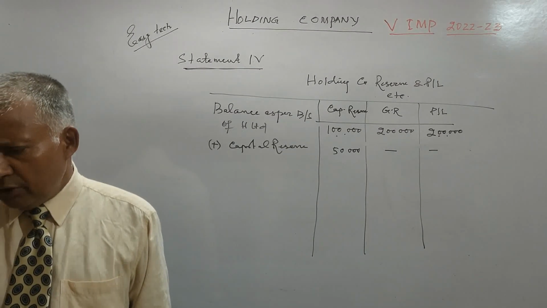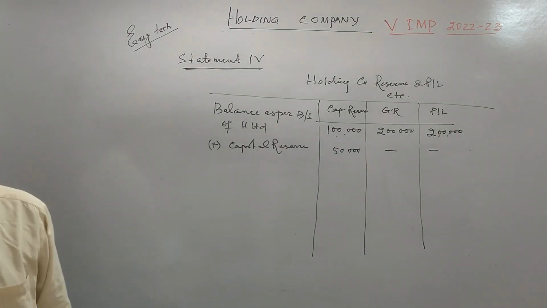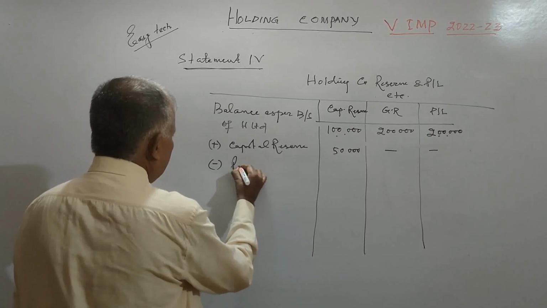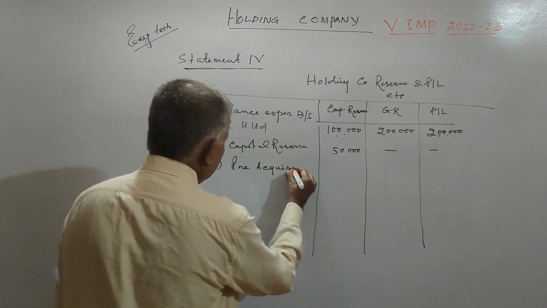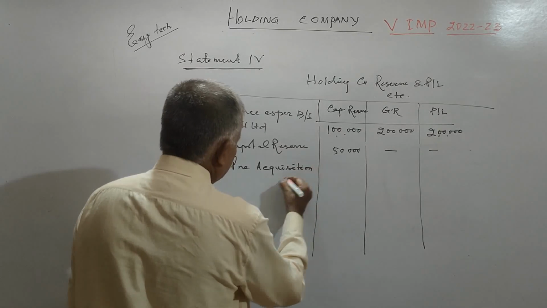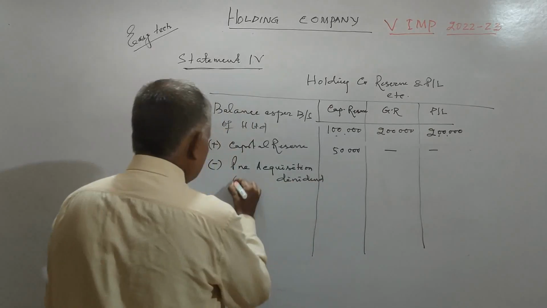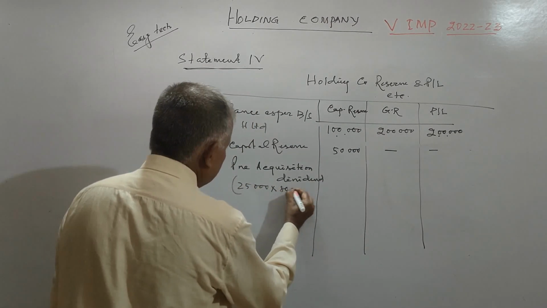Then we will go for this pre-acquisition dividend, 25,000 into 80%.